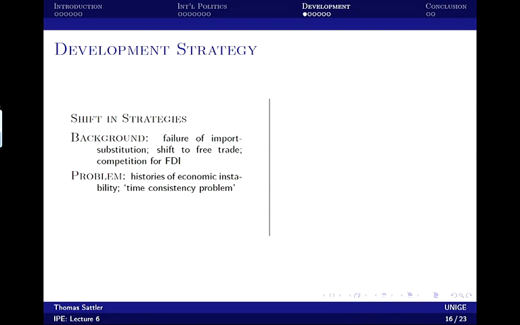And there's what's called the time consistency, or sometimes the time inconsistency problem. The time consistency problem means that if you're the government of Brazil, you promise a firm that you're not going to expropriate it before it invests. And you actually mean it because you really want this firm to come.